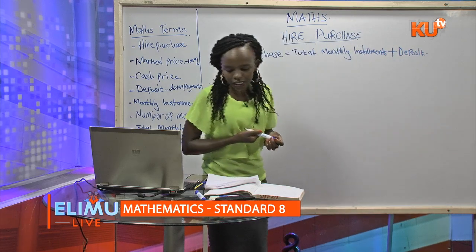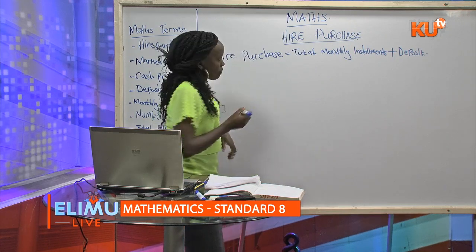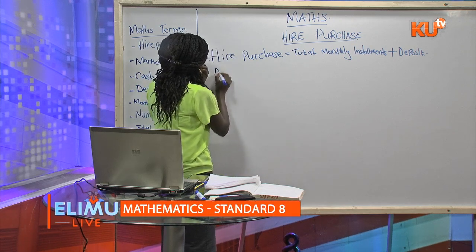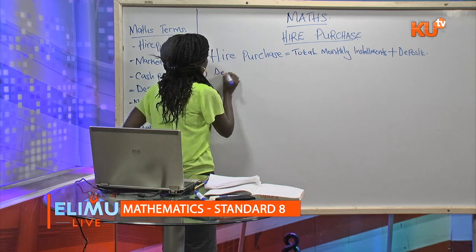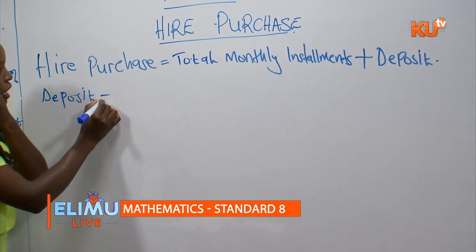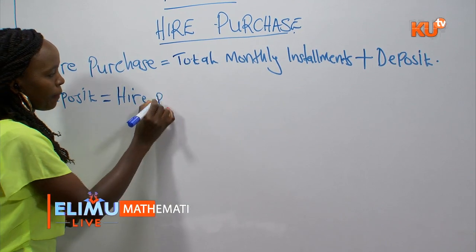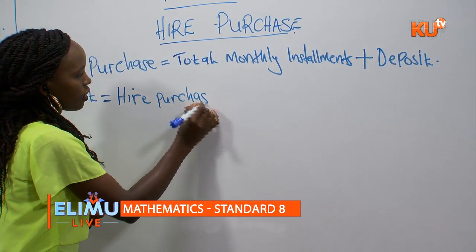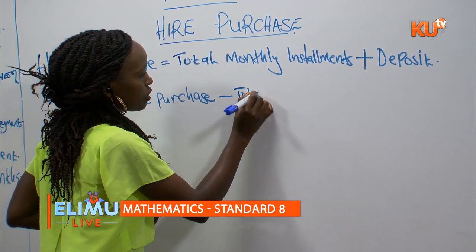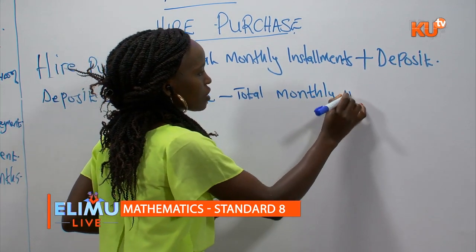So total monthly installment plus the deposit gives you the hire purchase price. After that, you can be told to calculate the deposit. To get the deposit, we say that deposit is equal to the hire purchase price minus the total monthly installments.